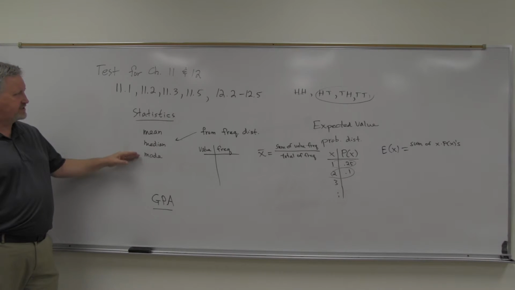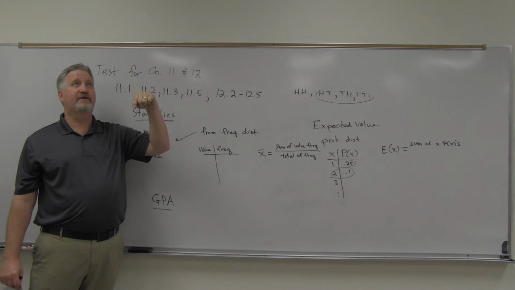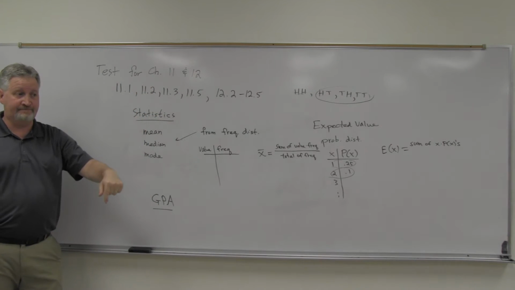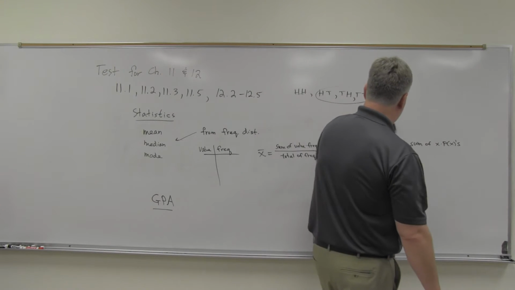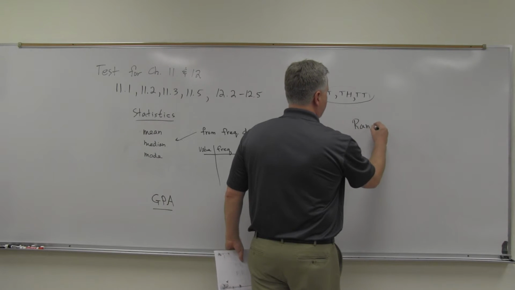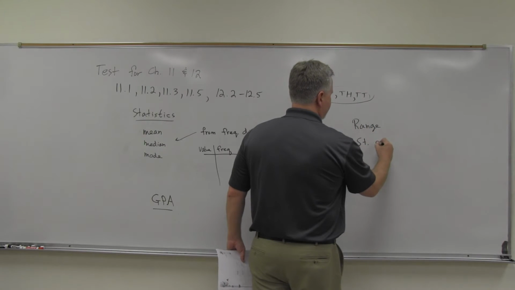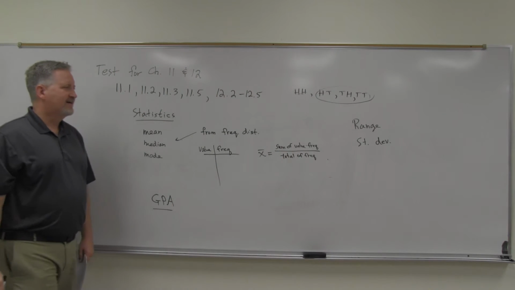These were measures of central tendency. Then we went to measures of dispersion, which was the range and standard deviation. Of course, standard deviation is the more complicated of those two.